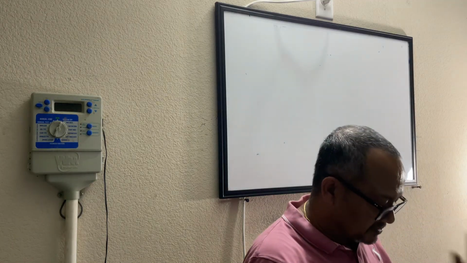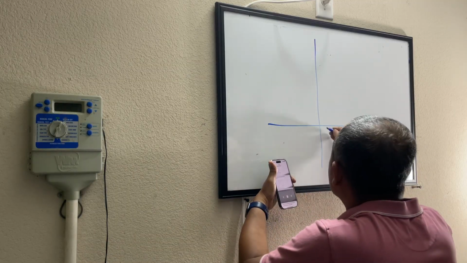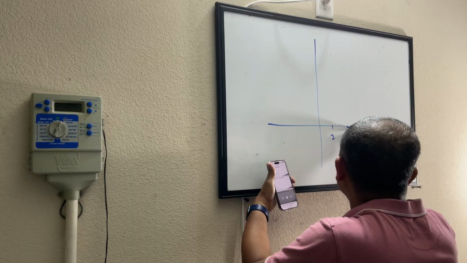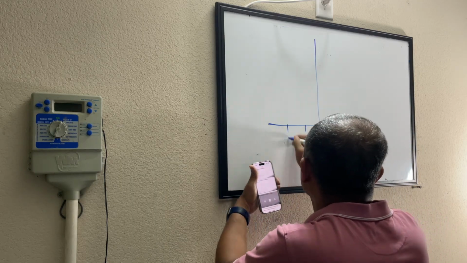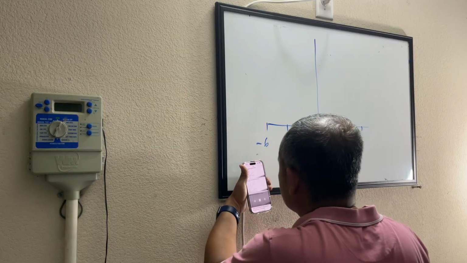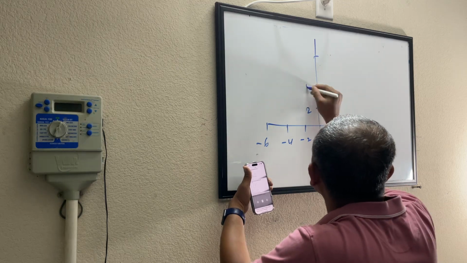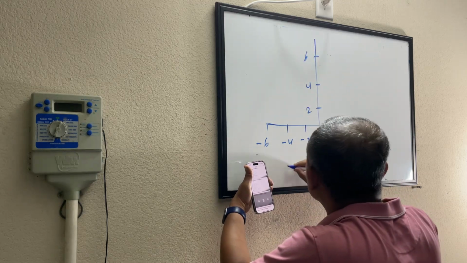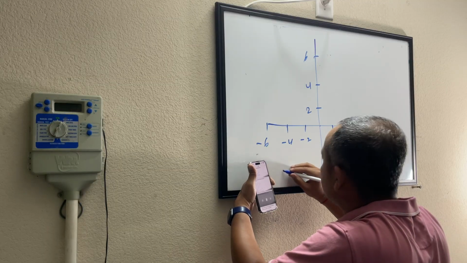Now let's look at some sample problems, more legitimate problems. I have a graph here with 2, 4, 6 and -2, -4, -6, and then 2, 4, 6. I have a line.